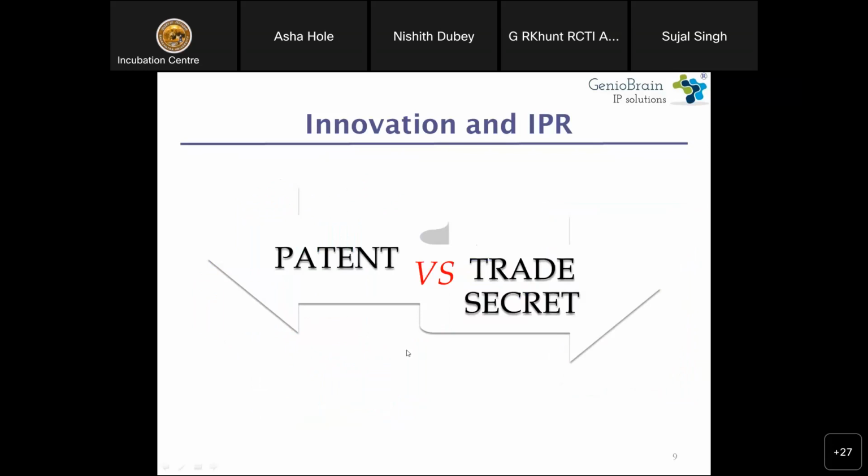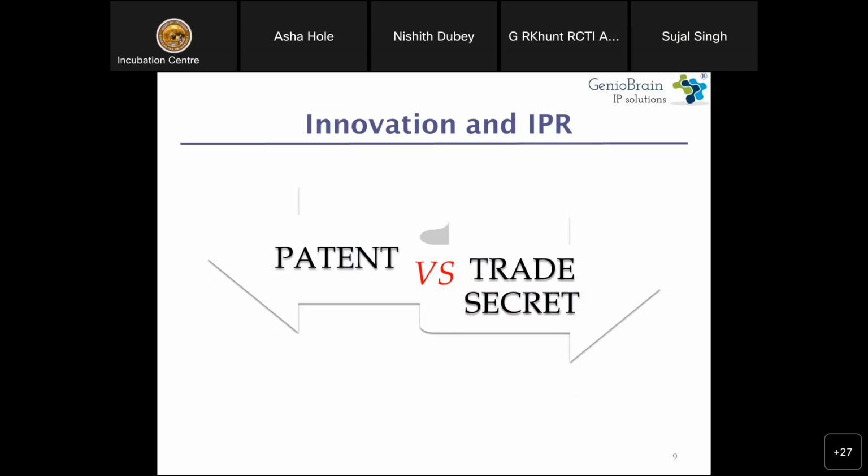Here, instead of focusing on the typical monotony of filing a patent application and its process, I really want to discuss the difference between patents and trade secrets, because our motto is to let you understand IPR and which type of IPR protects which innovation.